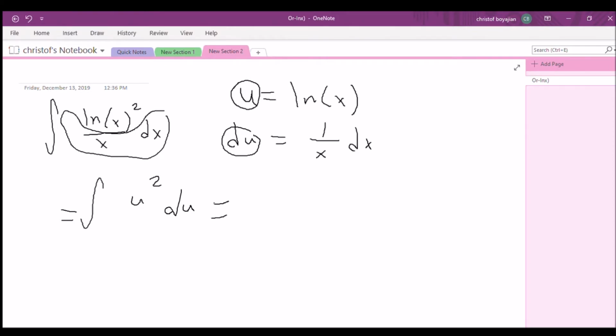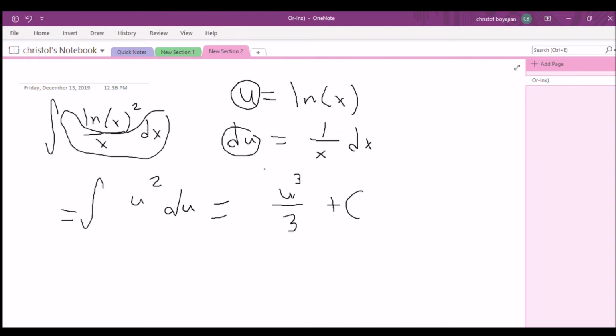This is definitely something that we can evaluate. So it should end up being, remember antiderivatives of polynomials: you add 1 to the exponent and divide by the new exponent. So it should be u cubed over 3 plus c.